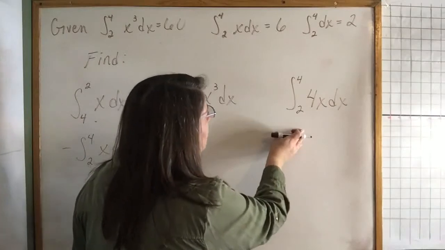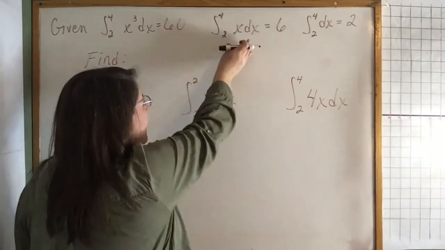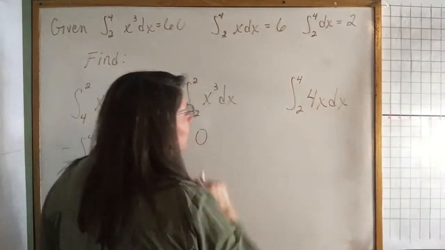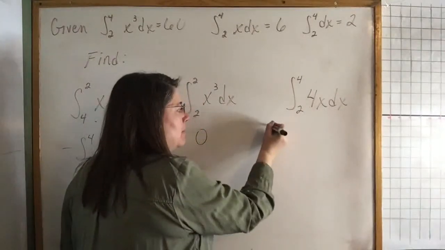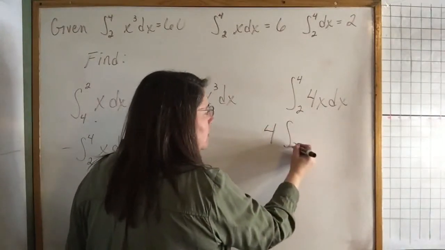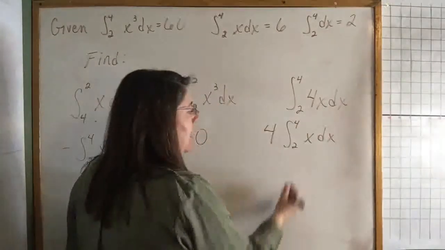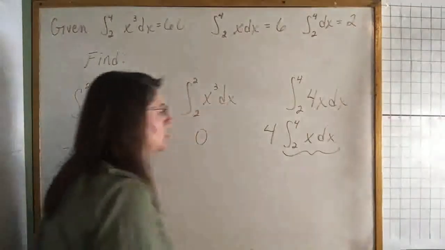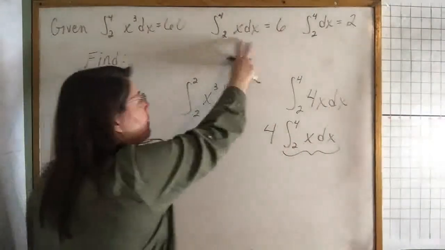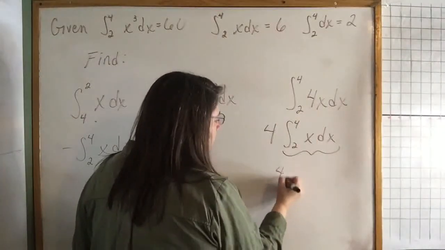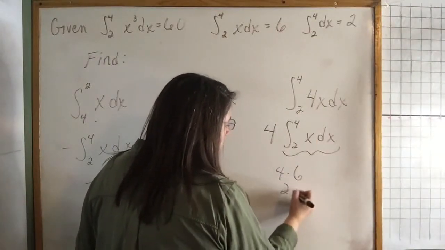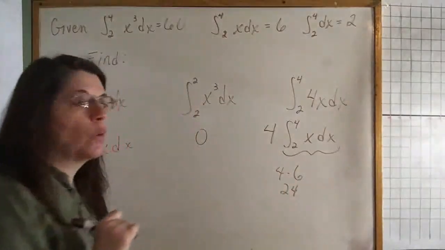That is very similar to this one with x dx, but it's got a 4 in front. But my properties tell me that I can bring that 4 outside of the integral. And now the integral from 2 to 4 of x dx, we know is equal to 6. So I just have 4 times 6, which is 24.